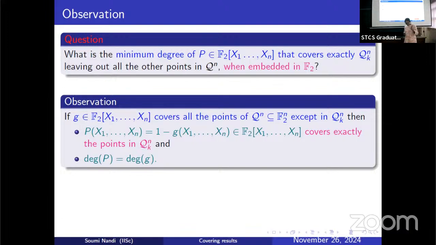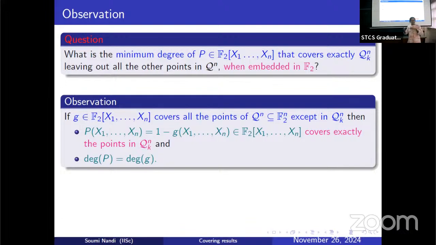So, when we are in F2, uncovered means at those points the value of the polynomial is just 1, and zeros are just 0. So, if we take some other polynomial g which vanishes everywhere except the kth layer, and then define p to be just 1 minus that g, then p has the same degree as g and it just flips.